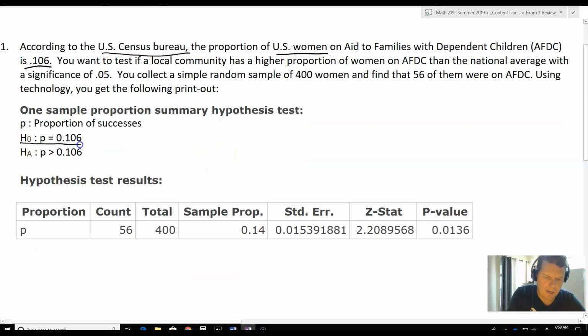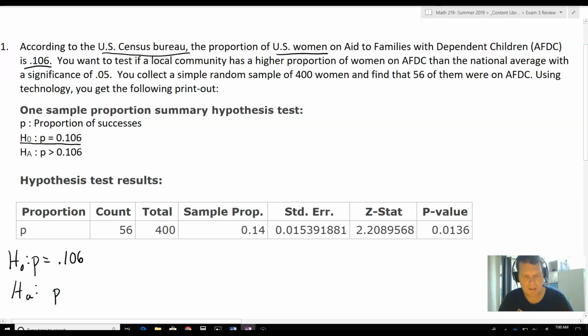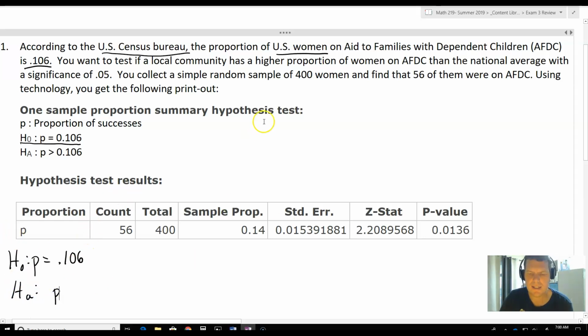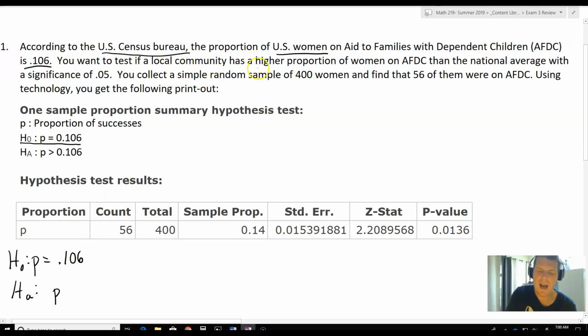By the way, in our printout, we actually wrote it there because you need it in order to utilize the technology to do the test. So p is equal to 0.106. That's my null, H naught. Then my HA is going to be p, well, you want to test if a local community has a higher proportion of women on AFDC.